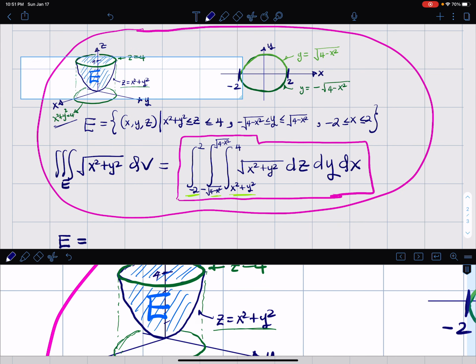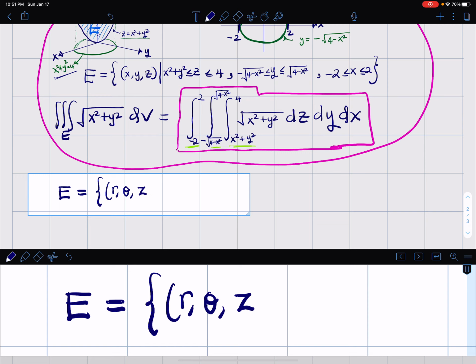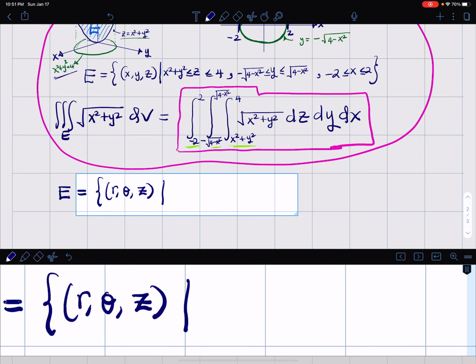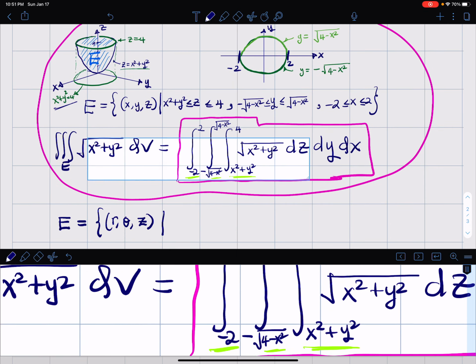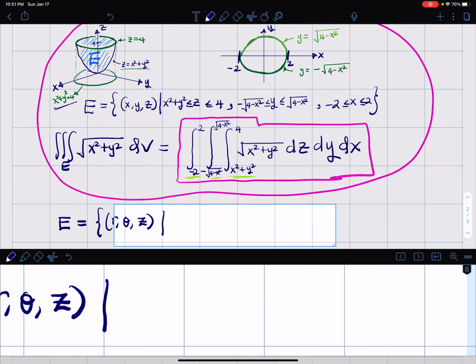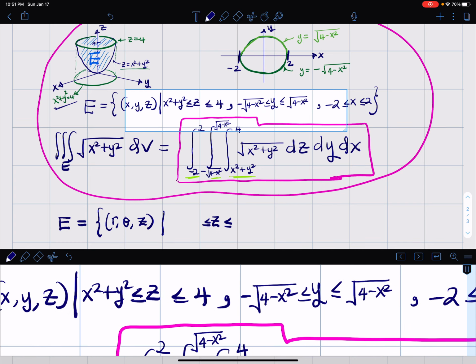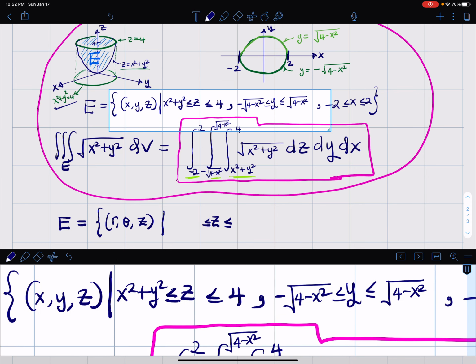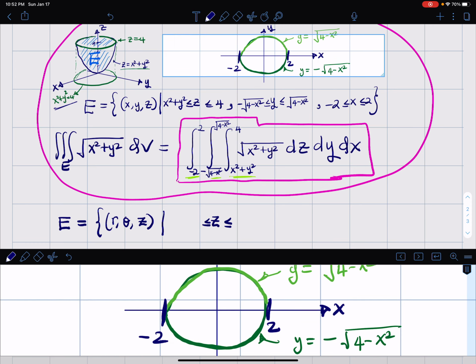E is in terms of r, theta, z. We're going to start with z because z has the most variables. So z is between x squared plus y squared and 4. Think about a circle.